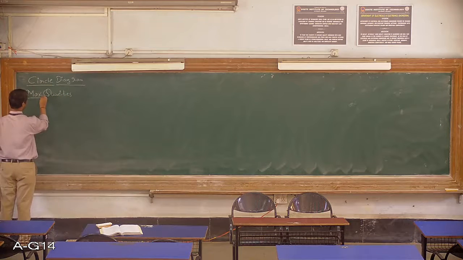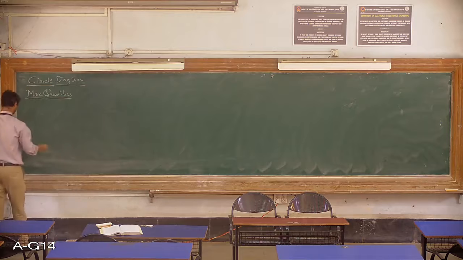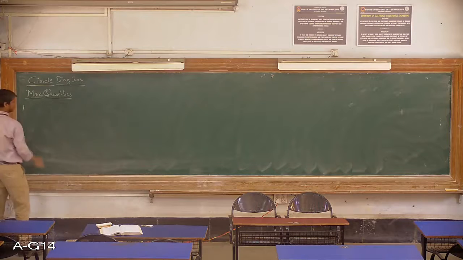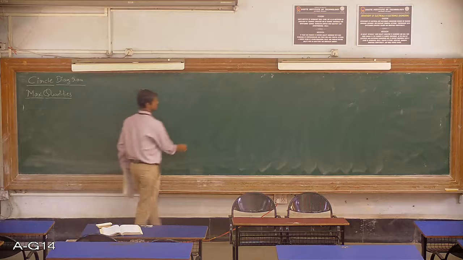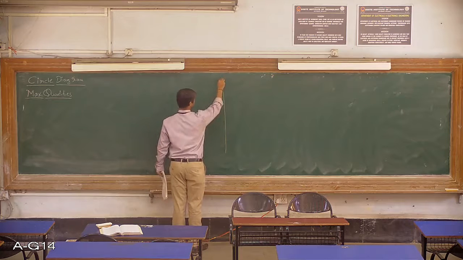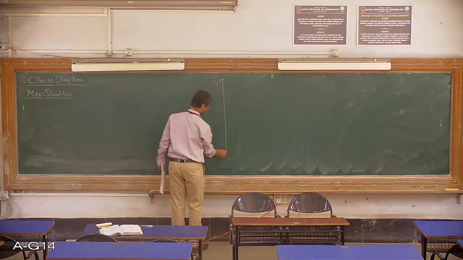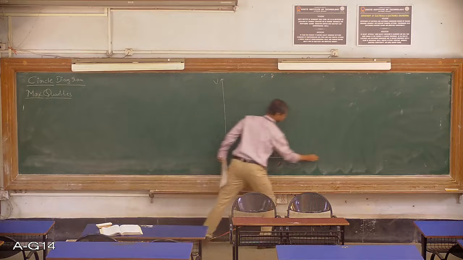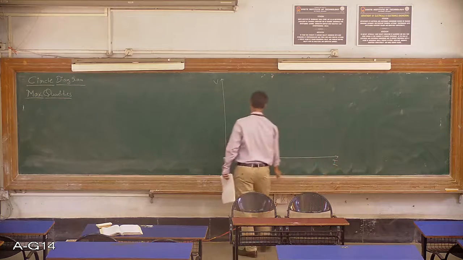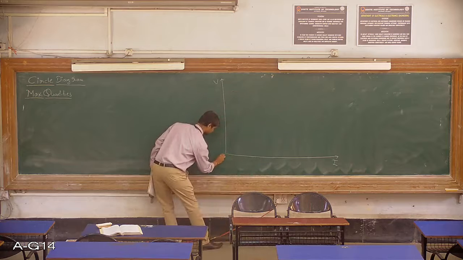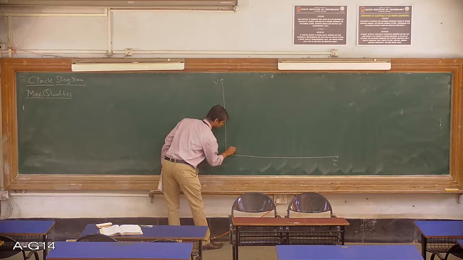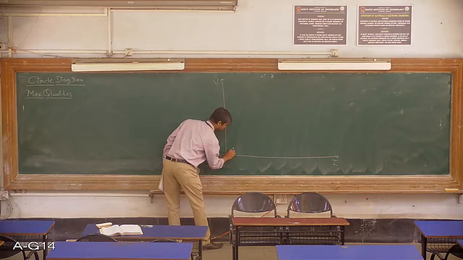How to calculate maximum quantities. For this I need to have the circle diagram. This is the voltage axis, this is the current axis. Now this is point O, this is O dash.